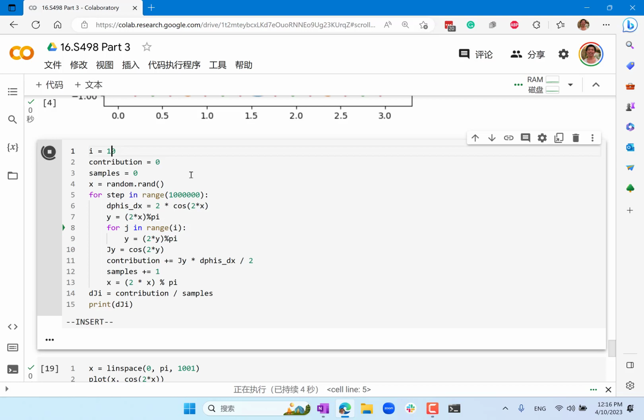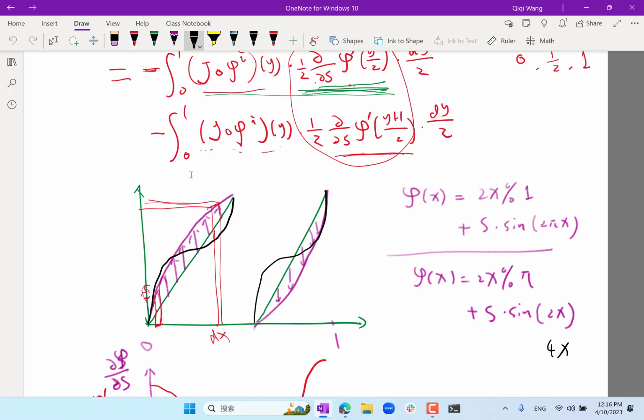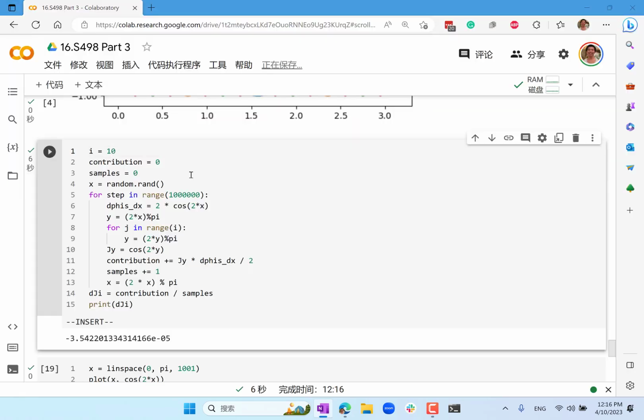Okay, so if I take i equal to 10, again, I should get a very small quantity. This is different if I make the perturbation 4x instead of 2x. So if I make it 4x, the d phi x, the derivative of the perturbation sine of 4x with respect to x, would be 4 times cosine of 4x.